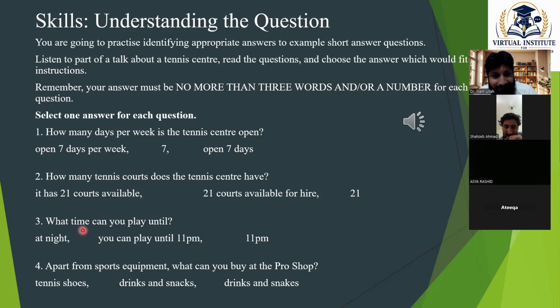Snack, the second option. Okay. So the third option is at night. And the fourth one is the second, drinks and snacks. Snacks. Yes. You see, this is the way you do it.